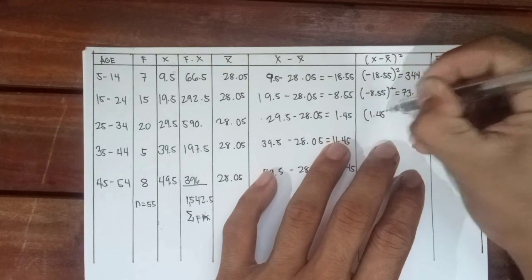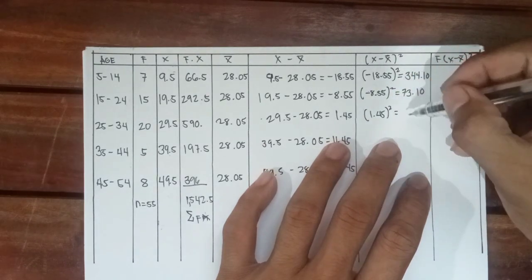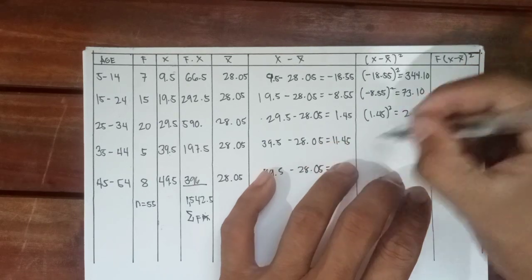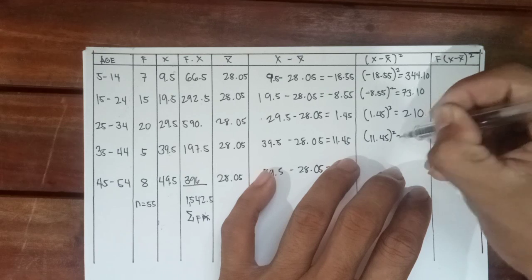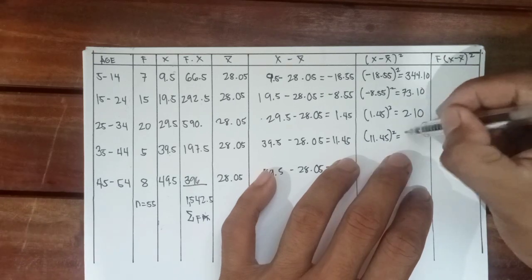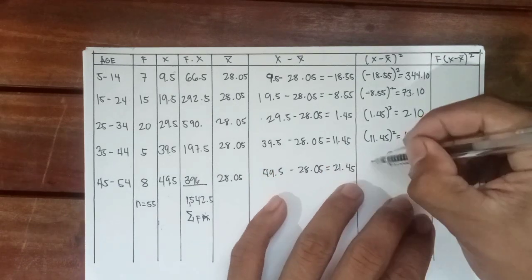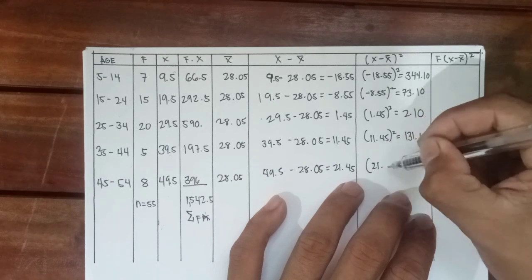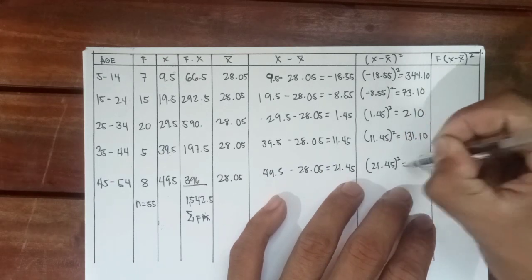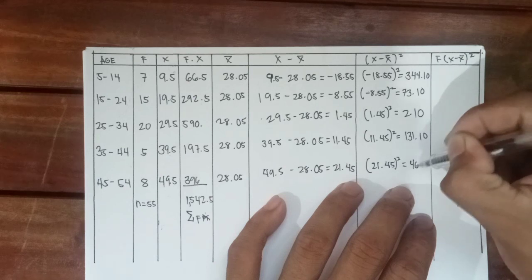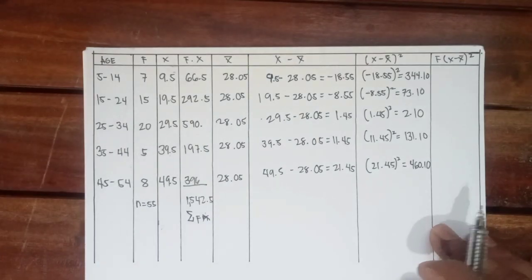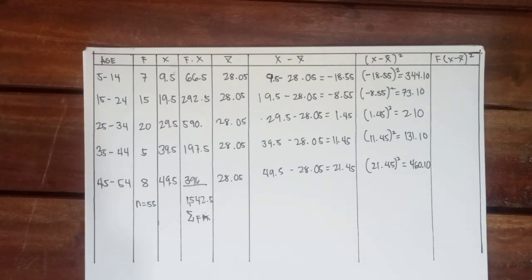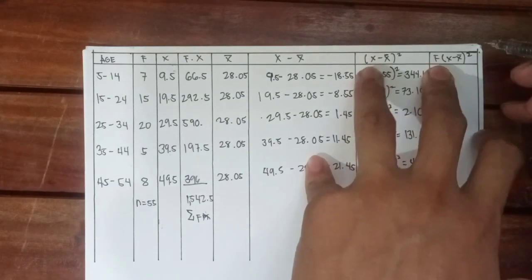Then 1.45 squared is equivalent to 2.10. Squared again natin ang 11.45 is equivalent to 131.10. Squared again natin yung 21.45. Equivalent niya is 460.10.